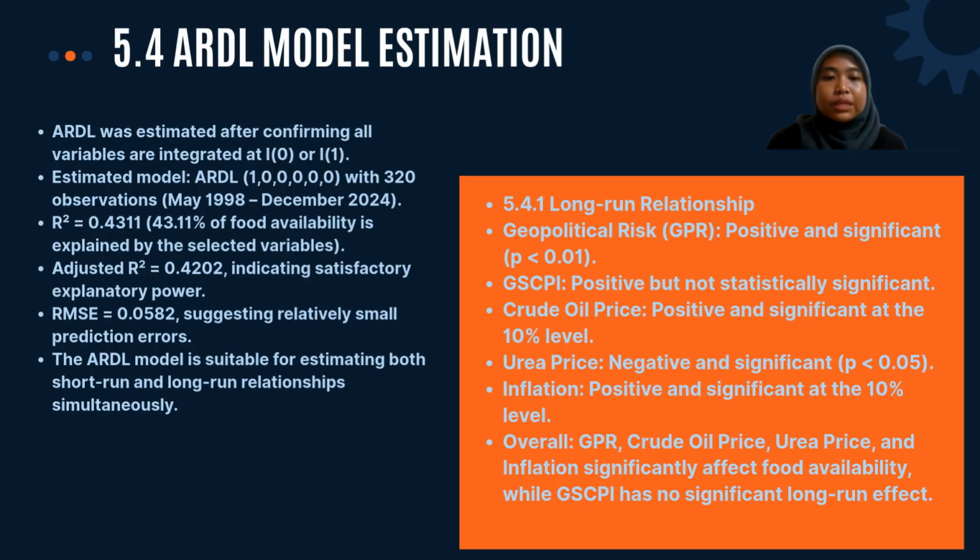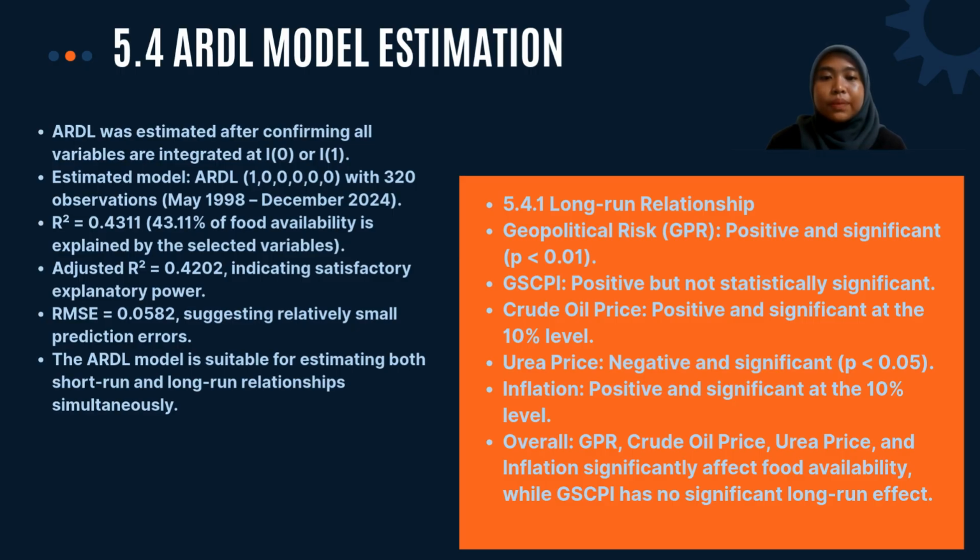Next, I will explain the long-run relationship estimated by the ARDL model. The result shows that geopolitical risk has a positive and statistically significant effect on food availability. This indicates that changes in geopolitical conditions significantly influence Malaysia's food availability through disruption in international trade and the food supply chain.